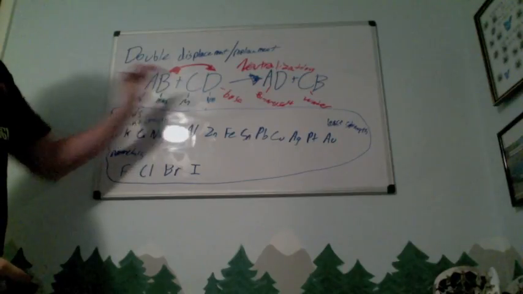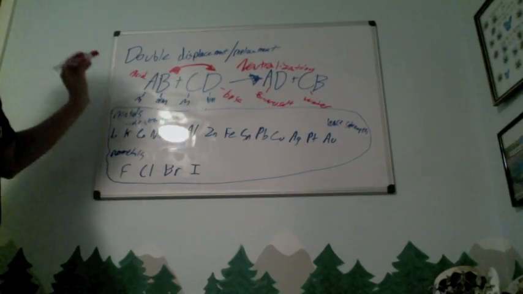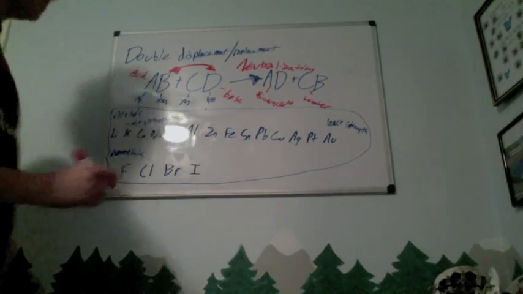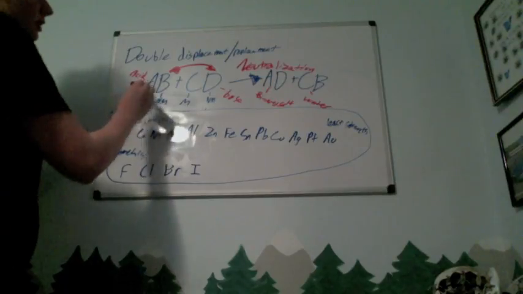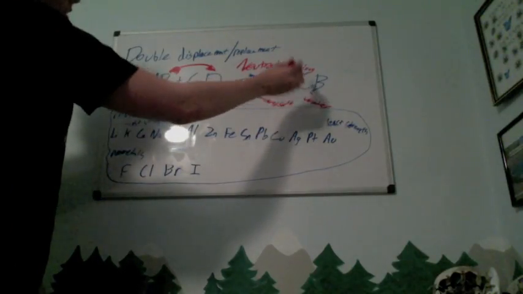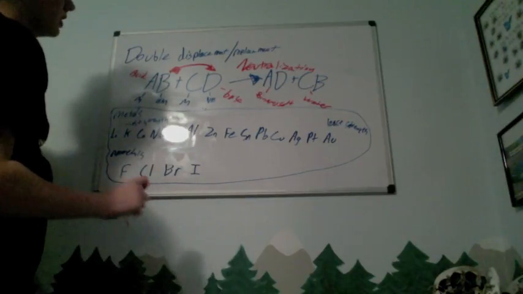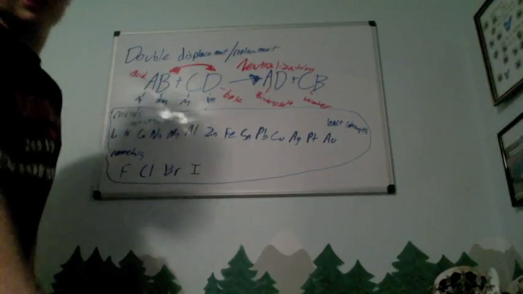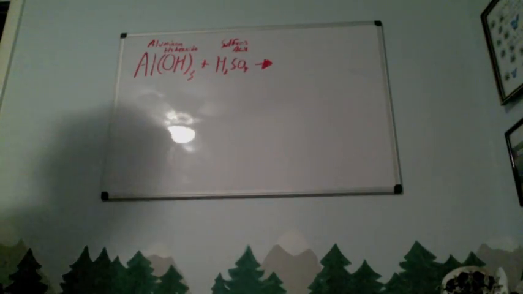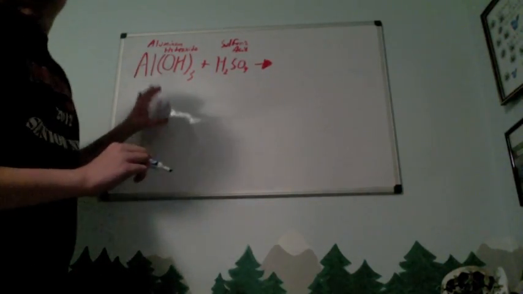And the reason this happens is because bases always have hydroxide as their nonmetal, and acids will always have hydrogen as their metal. So the hydrogen combines with the hydroxide in the CB part, and that forms water. And then the A and the D combine to form a salt, a binary salt.